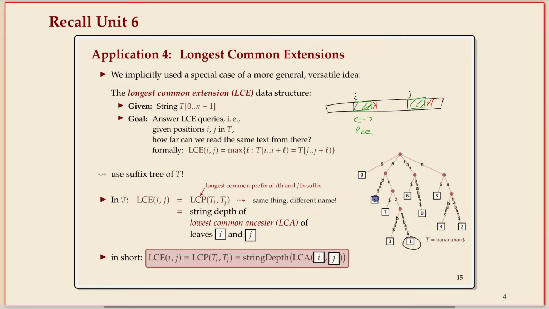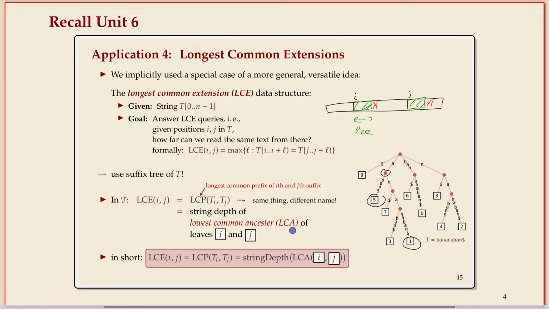If we take the suffix starting at 1 or in position 5 in banana, you will see that their longest common extension, or the longest common prefix, is just the letter A. And you find this length as the string depth of the lowest common ancestor of those two leaves. So again, LCE was the same as LCP of the corresponding suffixes, and we found that as the string depth of the lowest common ancestor of two leaves.